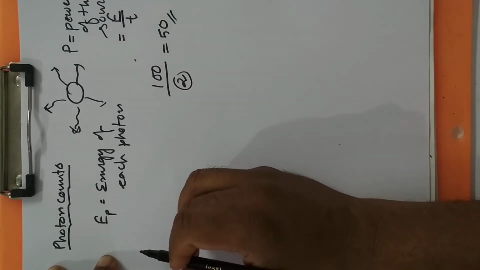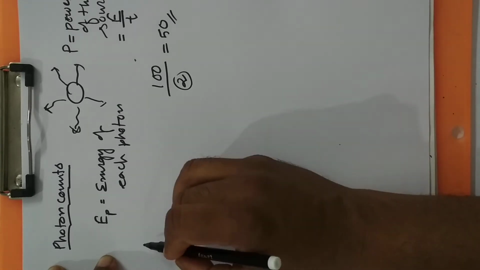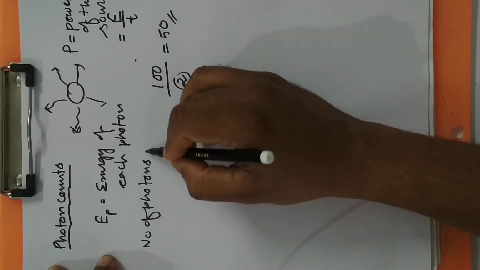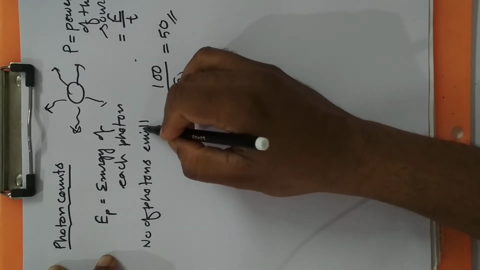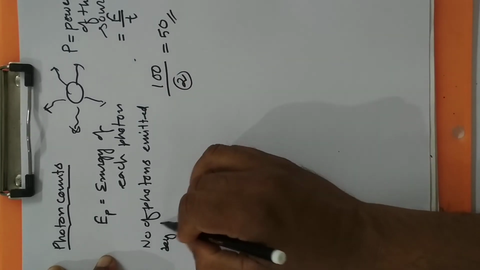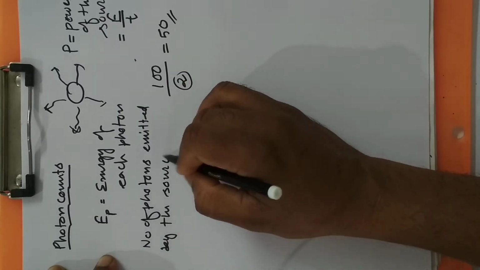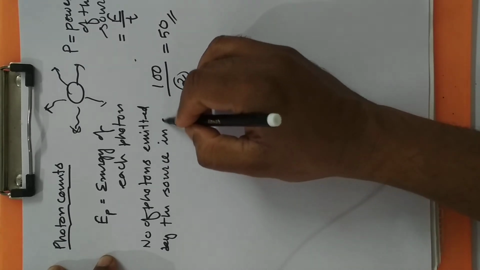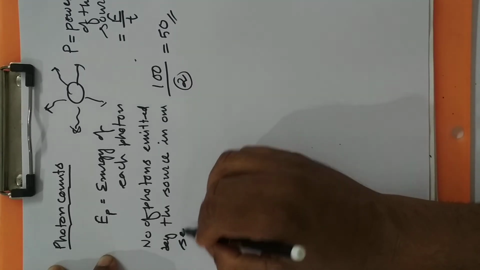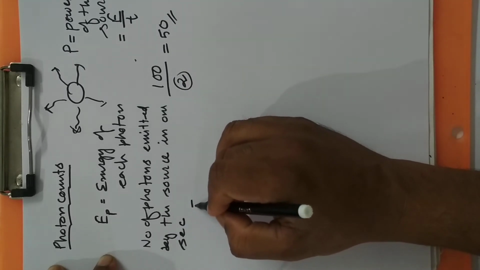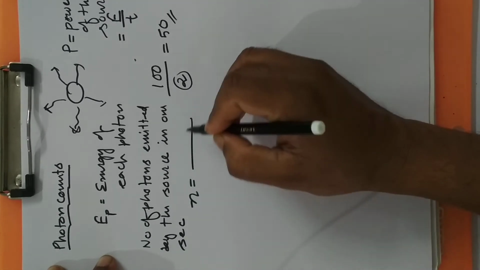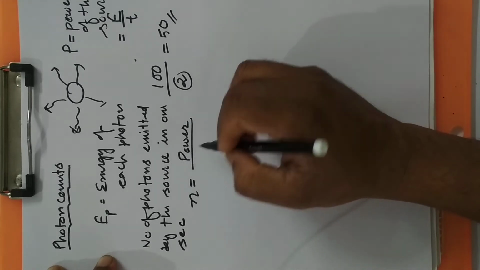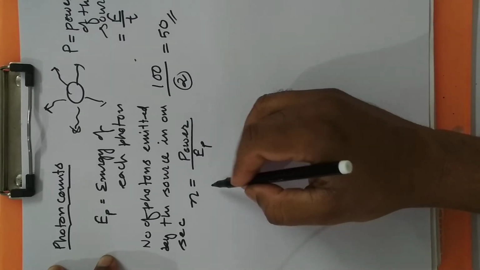Therefore if EP be the energy of each photon and P is the power of the source, then the number of photons emitted by the source in 1 second will become the energy in 1 second, that is power, divided by the energy of each photon, which you can write EP.